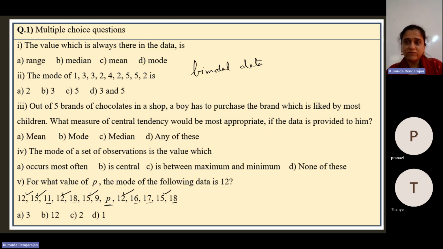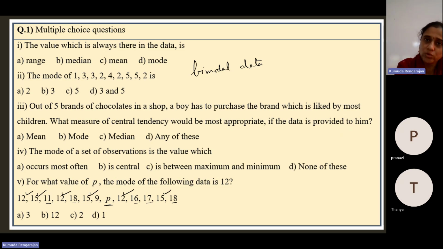Now for P, if you put 12, what will happen? 12 happens 4 times now. So the mode will be only 12, not 15. Or if you put 15 for P, then 15 will happen 4 times and 12 will happen 3 times. So if P takes the value 15, mode will be 15.